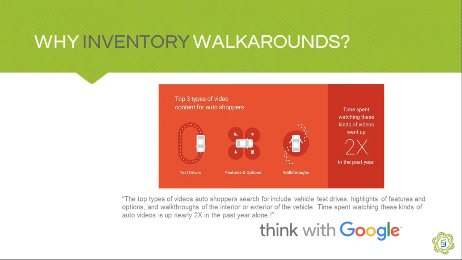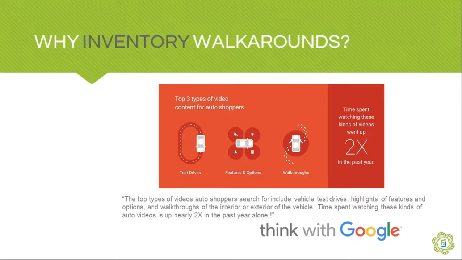You have high funnel shoppers, you have low funnel shoppers, and depending on where the shopper is in that funnel, the different type of content is what's needed to motivate that shopper to move to the next part of the funnel. So we've known this since the first day of time, and the fact that there is a funnel and that the shopper moves through the process isn't something that was new to us. But what I found really interesting out of that report was how influential video is in that process today.